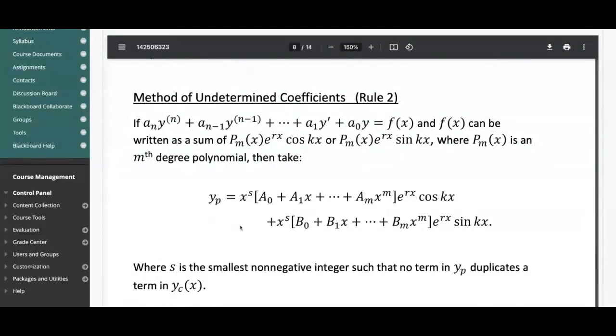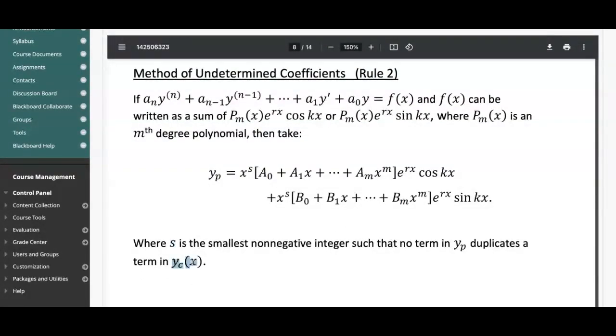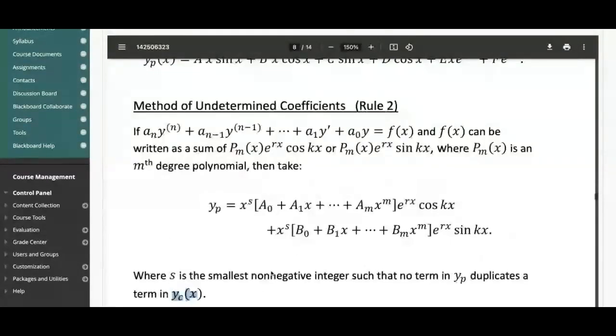So then what do we do? We take a particular solution as x raised to s. So where is s? s is the smallest non-negative integer such that no term in the particular solution duplicates a term in the complementary solution.